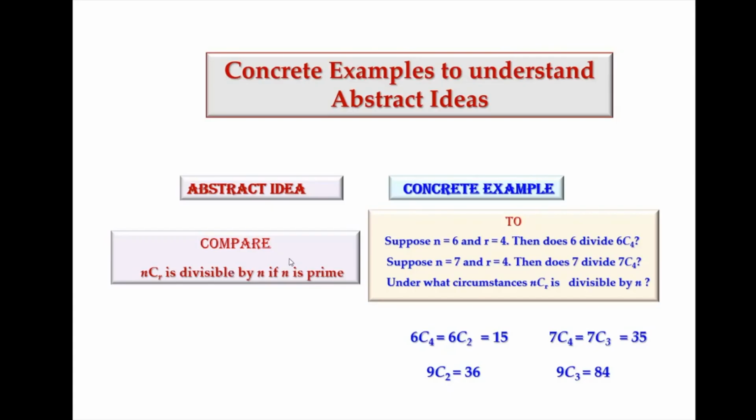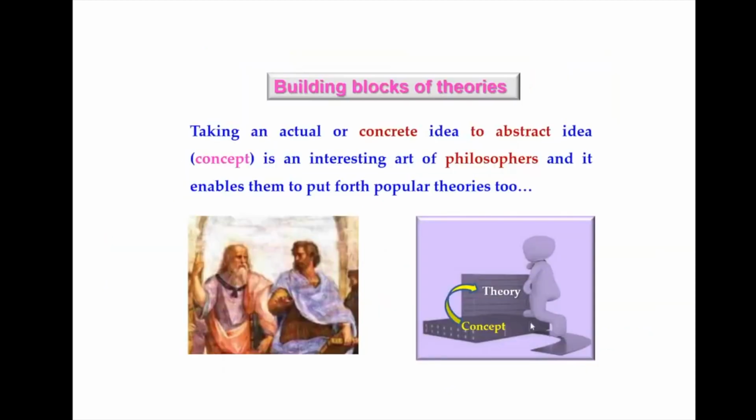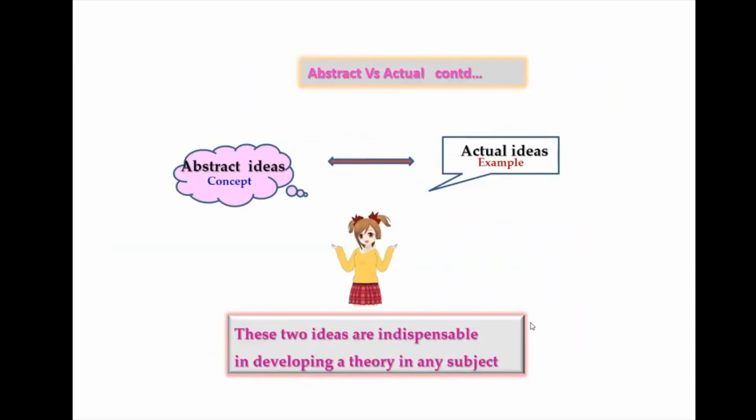So the concepts can be easily understood with the example, and so we have these two ideas, that is abstract ideas and actual ideas. These two are indispensable in developing a theory in any subject.